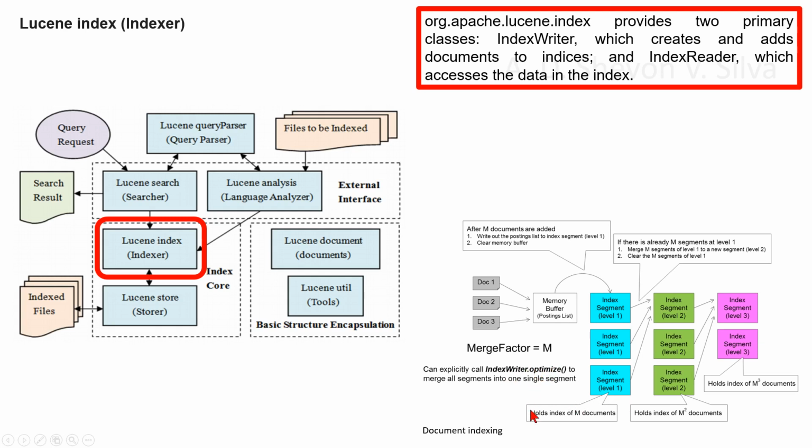Here let's detail a bit on the merging process. Since the posting list is already vertically ordered by terms, and horizontally ordered by doc ID, merging two segment files S1 and S2 is basically as follows.